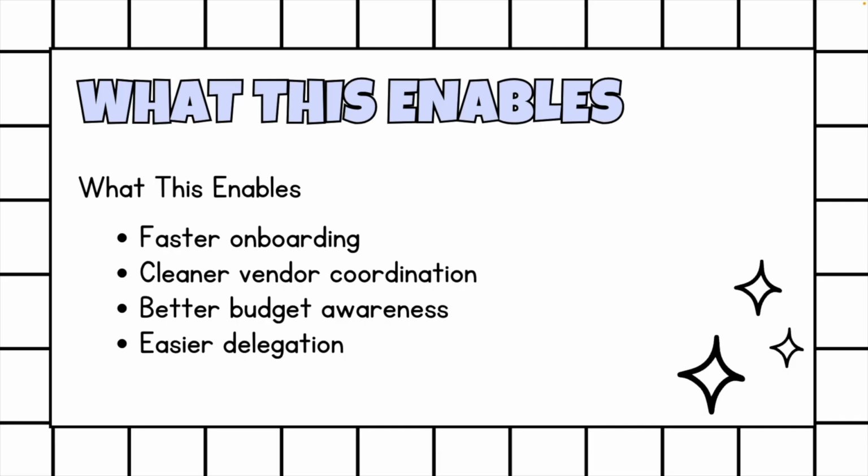So having that streamlined communication and clear data presentation makes sure everyone's going to stay on the same page. And this ultimately is going to reduce misunderstandings and keep projects moving smoothly. The third thing is better budget awareness, another key advantage.